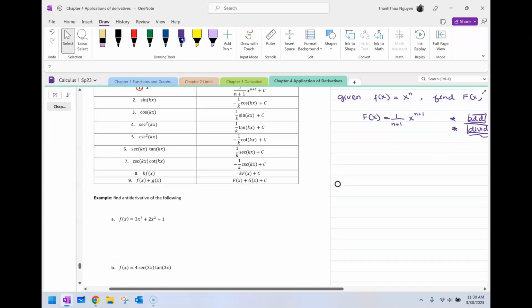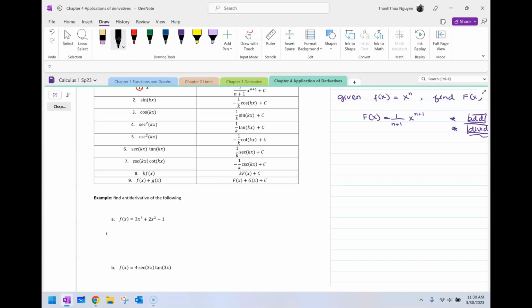Let's say you are given f of x equals 3x to the third plus 2 times x to the second plus 1. So what is the capital F of x? Here we have a 3 times the antiderivative of x to the third. Add 1 to the exponent and divide by n plus 1.